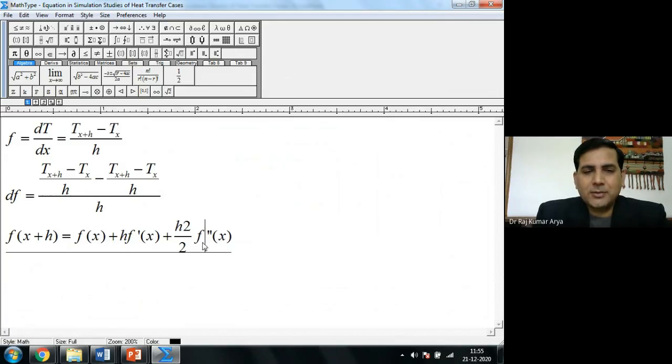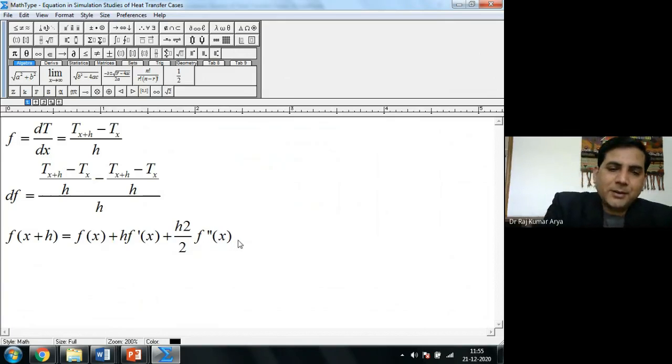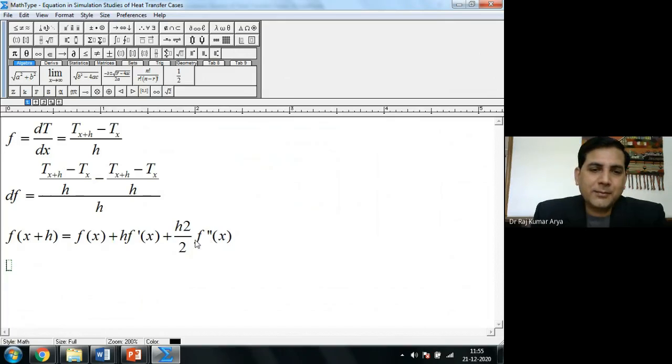Now let's say you want to calculate the second derivative using this equation. What would be your equation for f double dash x?